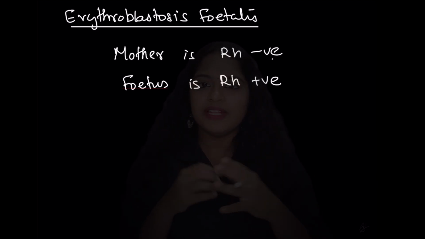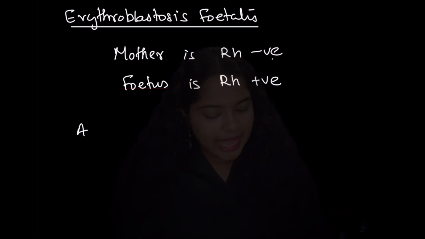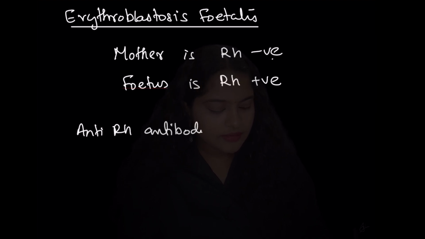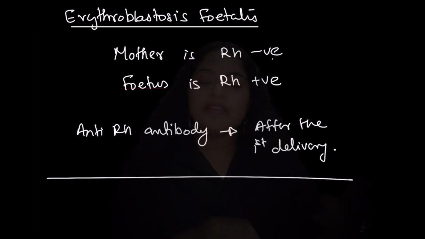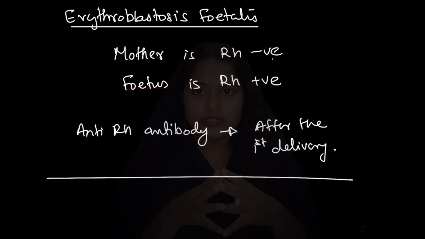So to prevent this, an anti-RH antibody is taken immediately after the first delivery. This can prevent erythroblastosis fetalis.